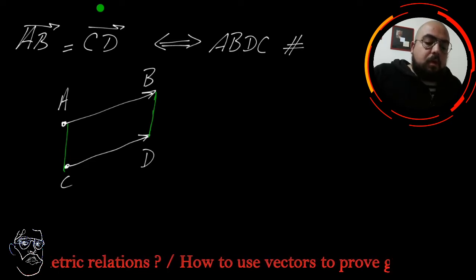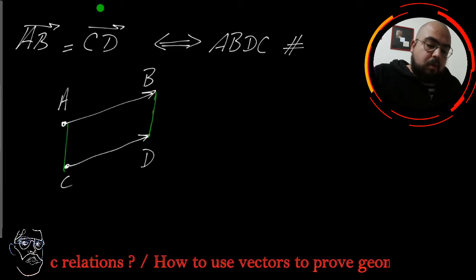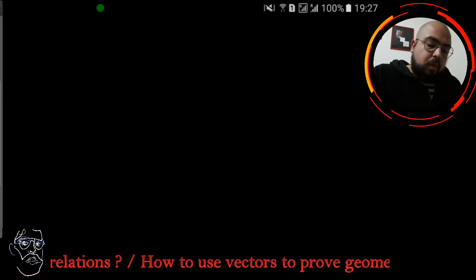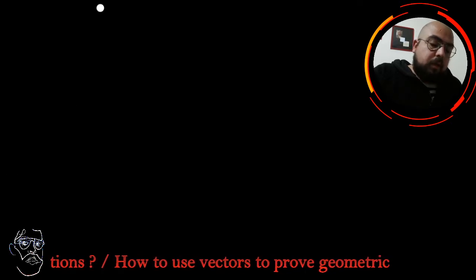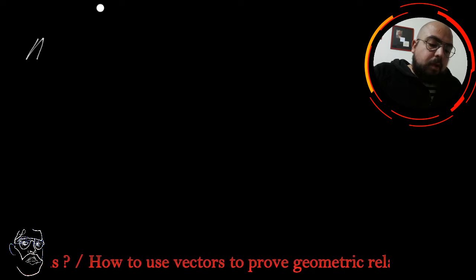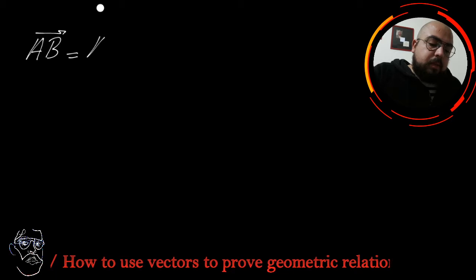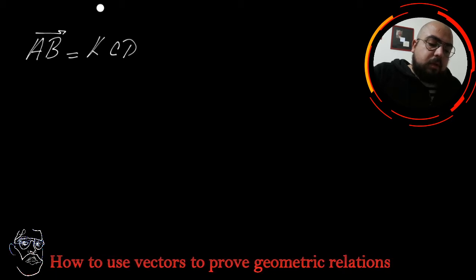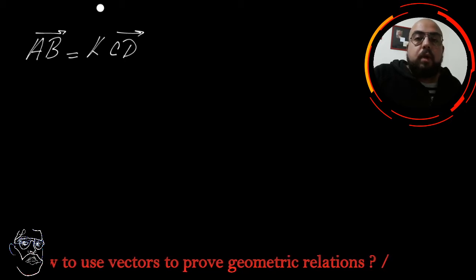Now, the second one. Whenever we have a relation between two vectors, let's say I had AB is equal to K times CD. K is a certain constant which could be from the real numbers.